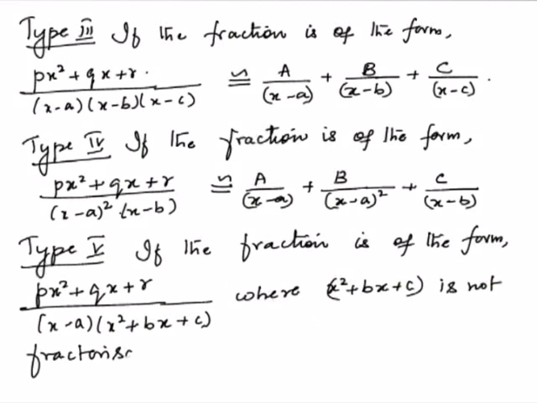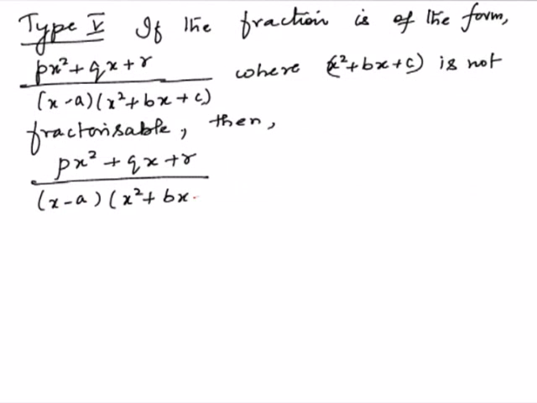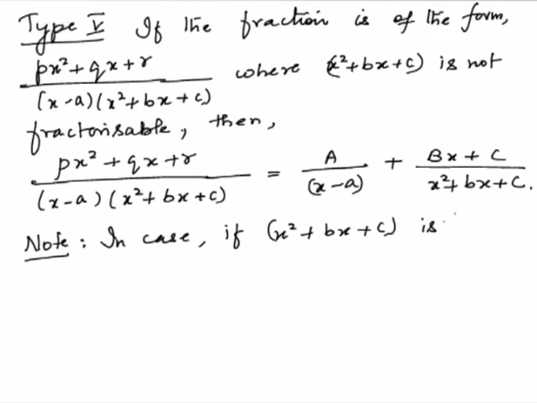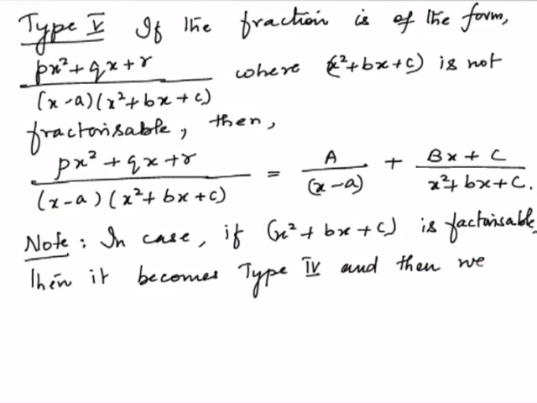Now in that case, the fraction will be identically equal to A by x minus a plus Bx plus C by x squared plus bx plus c. Now what if this quadratic is factorizable? If x squared plus bx plus c is factorizable, then type 5 will turn out to be type 4 itself, and then we can proceed as usual.